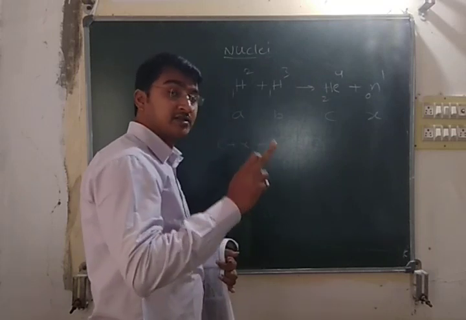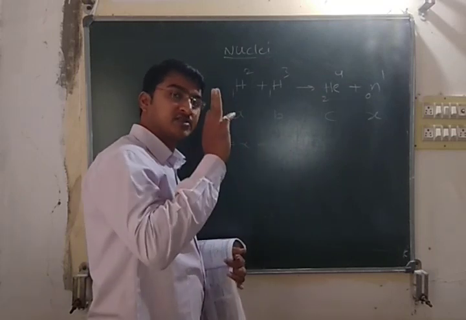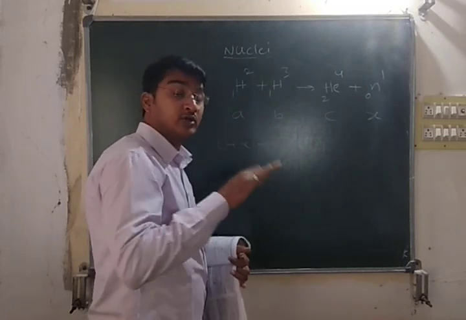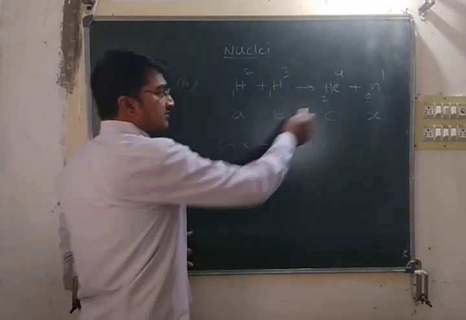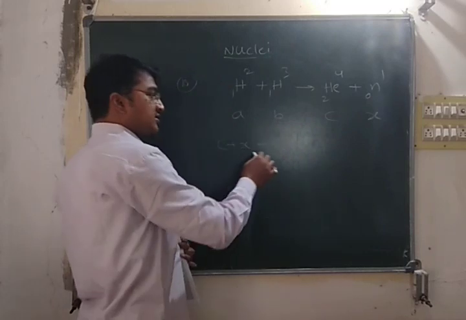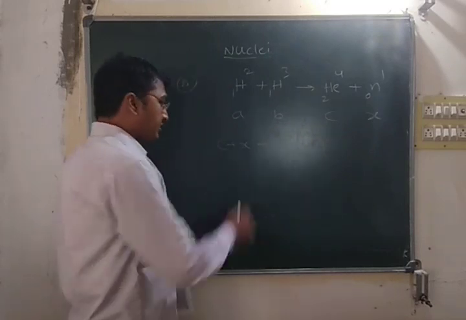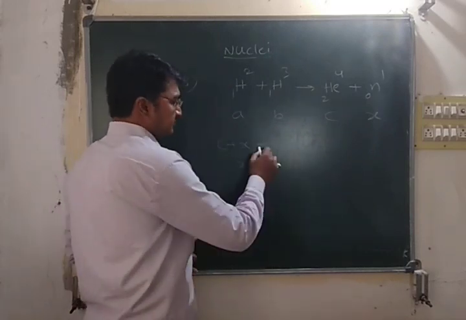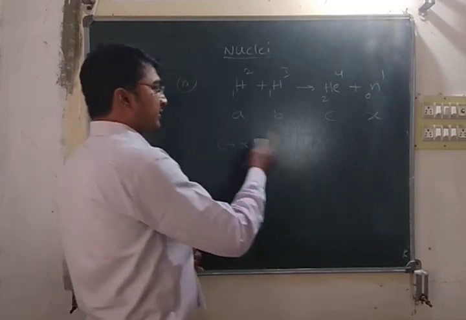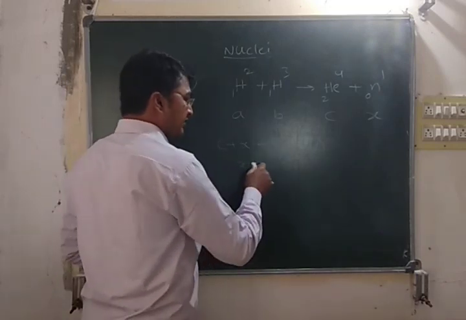The law of conservation of energy, law of conservation of momentum, and law of conservation of mass are obeyed in nuclear reactions. So C plus X energy is equal to A plus B. So X is equal to the energy of the products minus the energy released, and everything is dependent upon this.